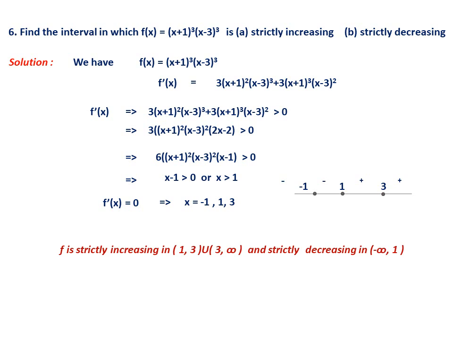Therefore we have to write like this: f is strictly increasing in the interval 1 to 3, and 3 to infinity, excluding 3, and strictly decreasing in the interval minus infinity to -1 and -1 to 1.